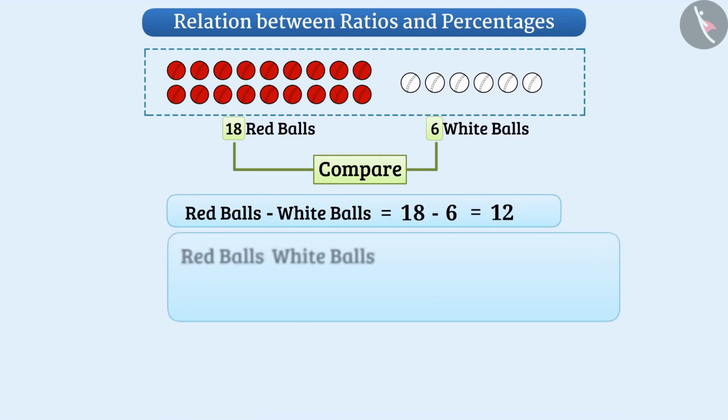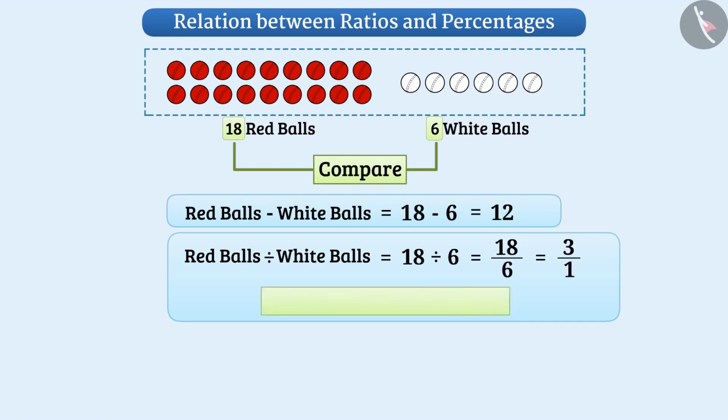Similarly, we can also compare them by division, such as the number of red balls divided by the number of white balls. We can also write this as 18 divided by 6, from which we get 3 divided by 1 as a fraction. This tells us that the number of red balls is 3 times the number of white balls.